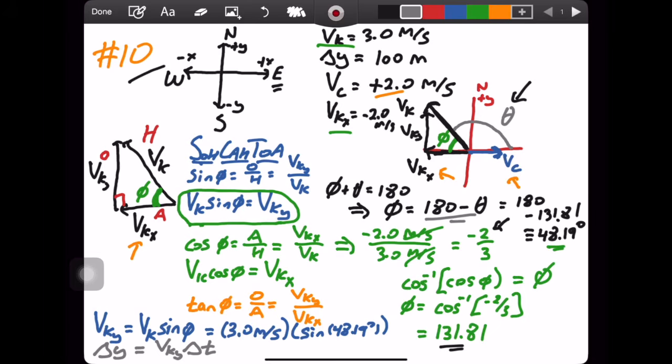And so this allows us to solve for part B of the problem. This allows us to figure out how much time it takes if the kayaker orients the kayak at 48.19 degrees north of west. How long does it take for them to go across that 100 meters? So this just demands a rewrite where you divide both sides by the velocity of the kayaker in the y direction.